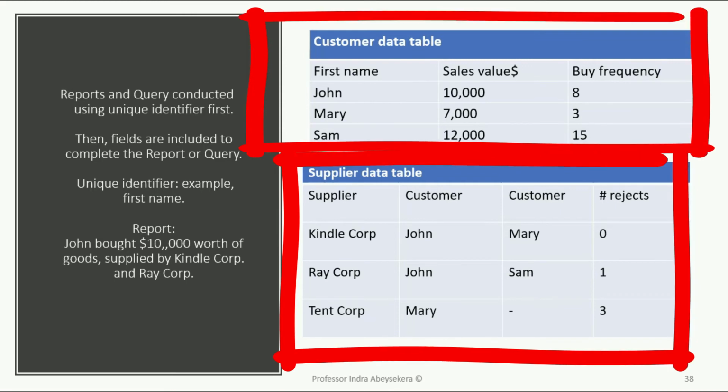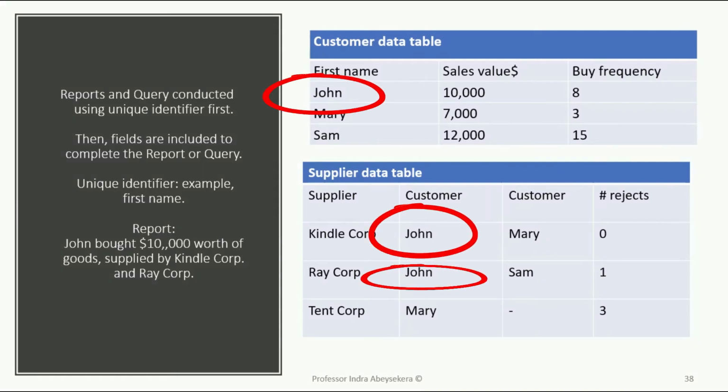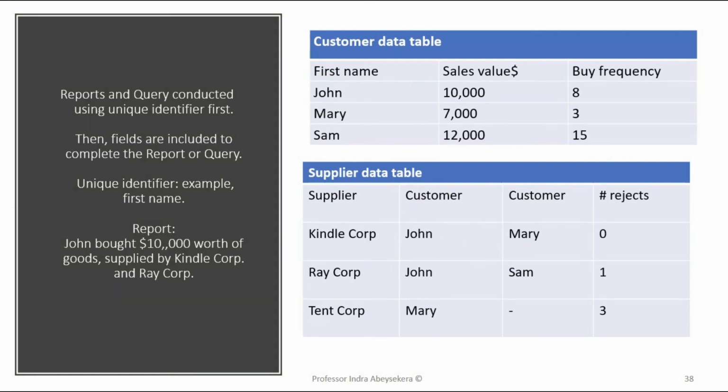In both instances, we find that the first name of the customer appears, and using these two data tables, we can prepare a report inquiring into these two tables that John bought 10,000 worth of goods supplied by Kindercorp and Raycorp, because now we are using the two databases to inquire about John's buying behavior.